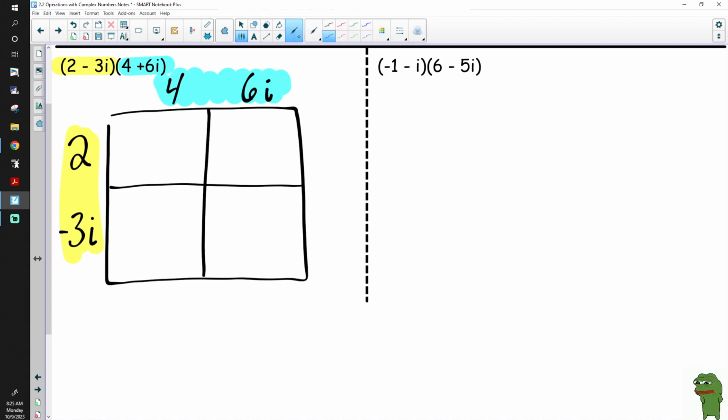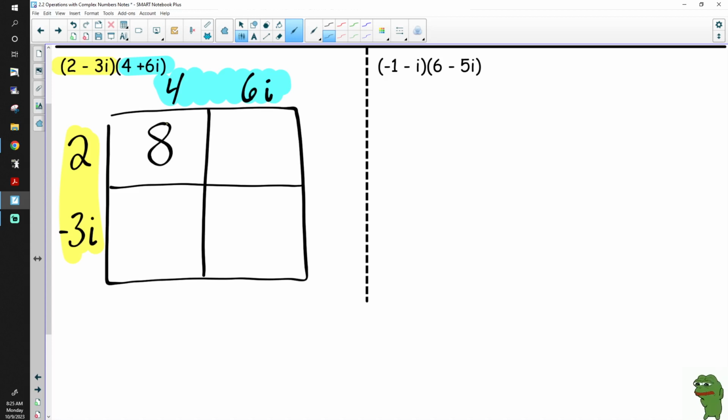So if we look at our first top left box, I'm multiplying 2 and 4. 2 times 4 is 8. Remember, we're multiplying, so everything in our box gets filled out by multiplying. A lot of students accidentally will add or accidentally will subtract. We're multiplying, so we want to multiply.